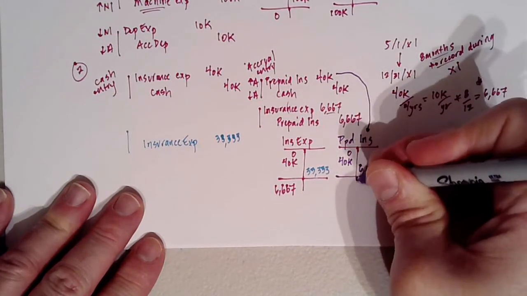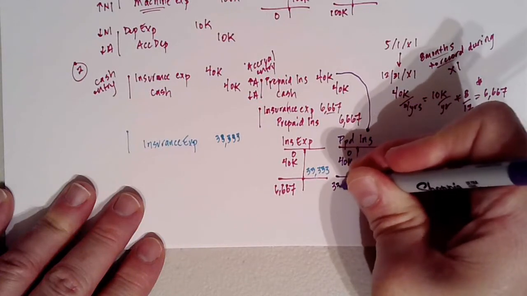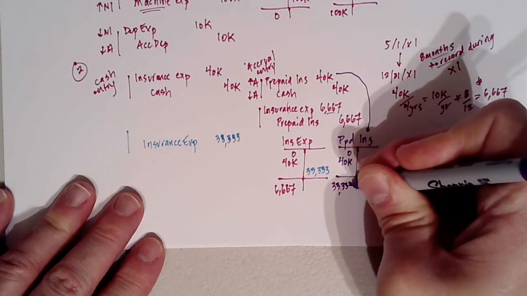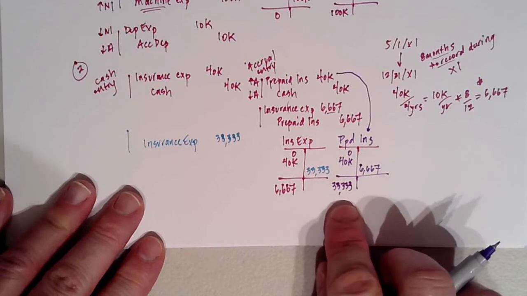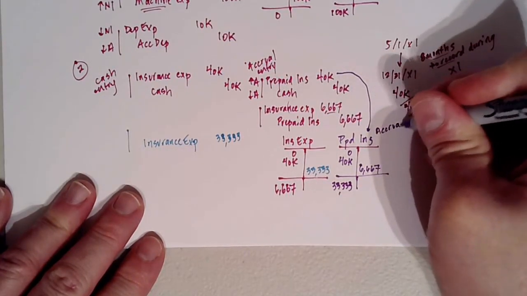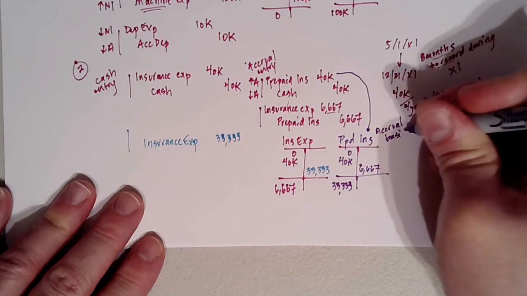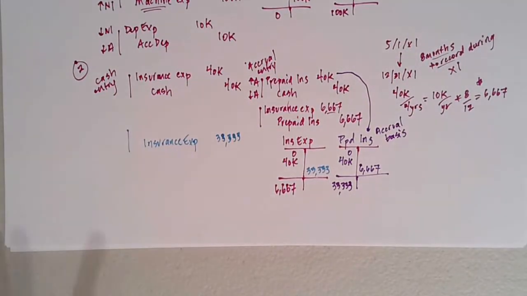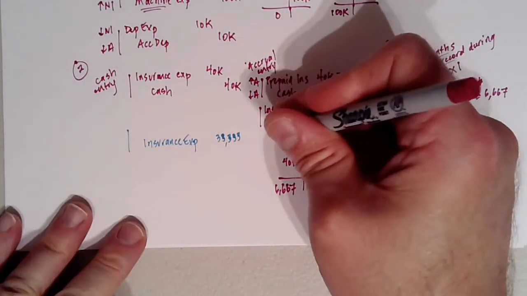But that didn't happen. But if it did happen, we would have wanted this amount. So this is an accrual basis, what would have happened. And then over here, this insurance expense was the cash basis, what happened.